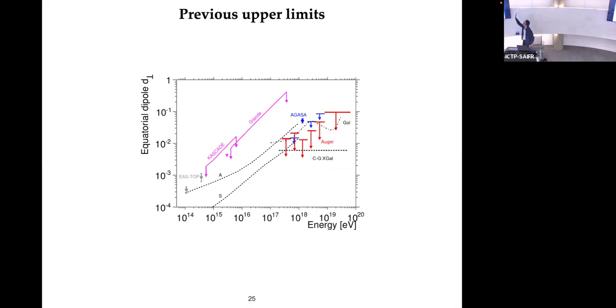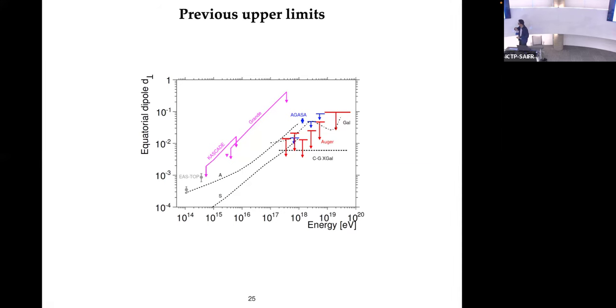And so this was the situation previous to 2017 on the estimate of possible equatorial dipole. What I mean by equatorial dipole: take all the directions of the cosmic rays that you measured above a certain energy threshold, project them into the equatorial plane in equatorial coordinates, and do a first harmonic analysis of the distribution of right ascension of these cosmic rays, right?